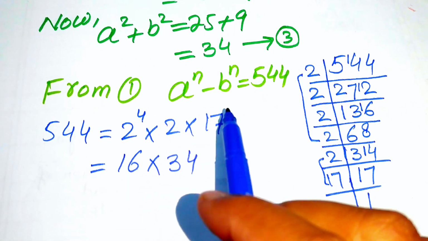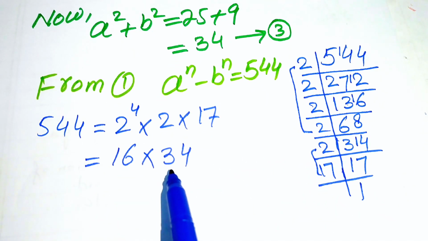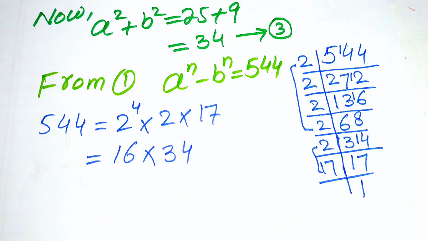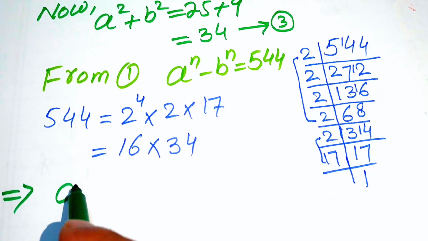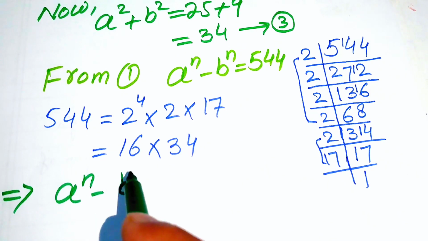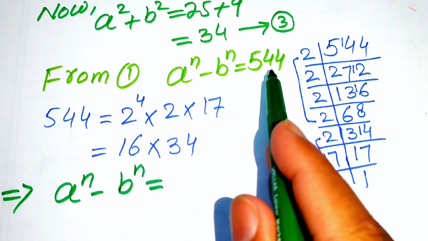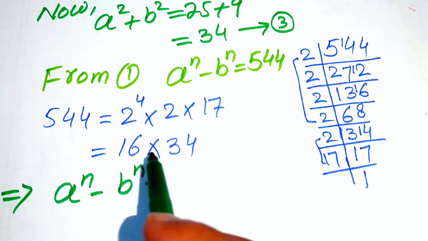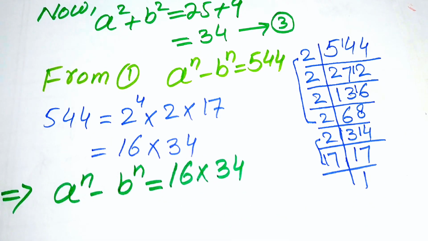Now we substitute: 544 equals 16 times 34, so our equation becomes a to the power of n minus b to the power of n equals 544, and we replace 544 with 16 times 34.